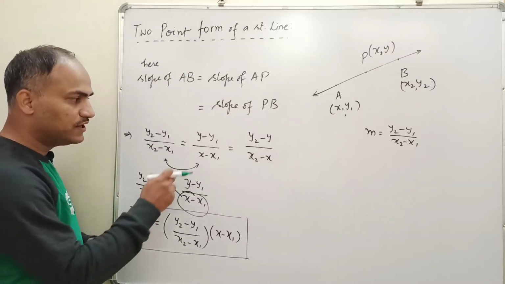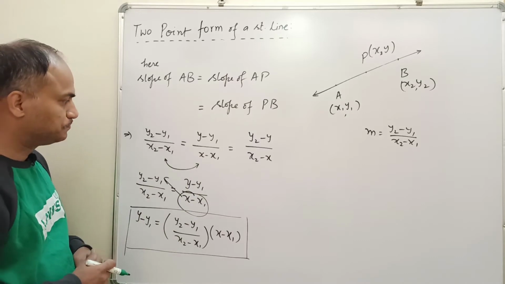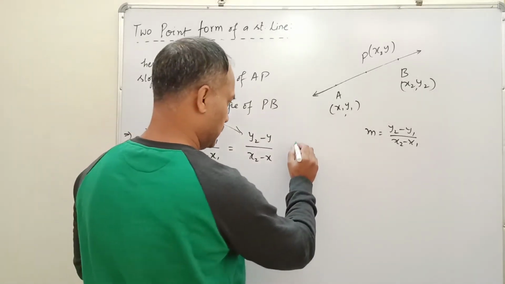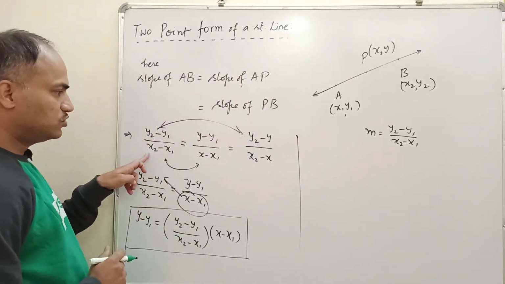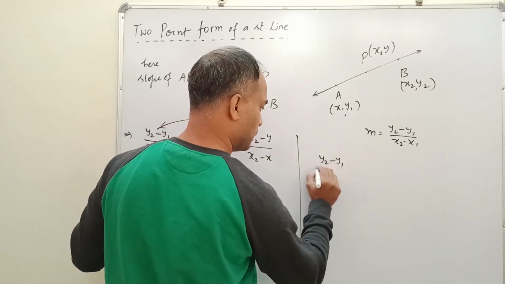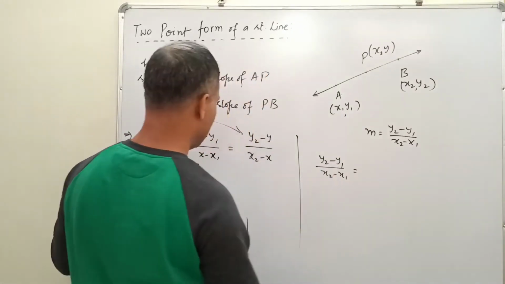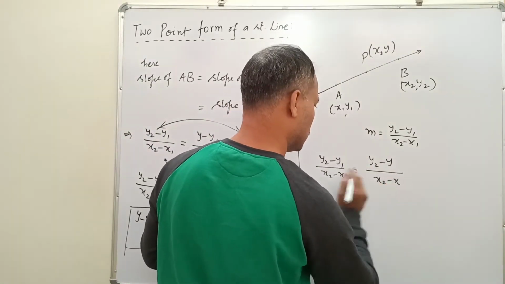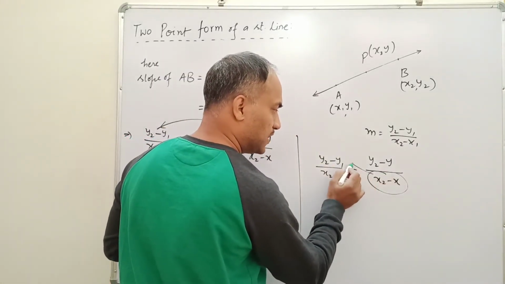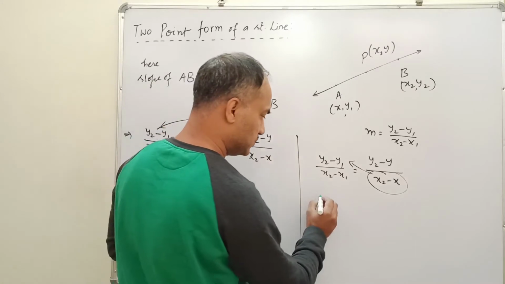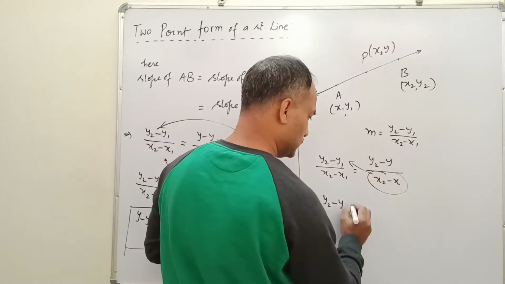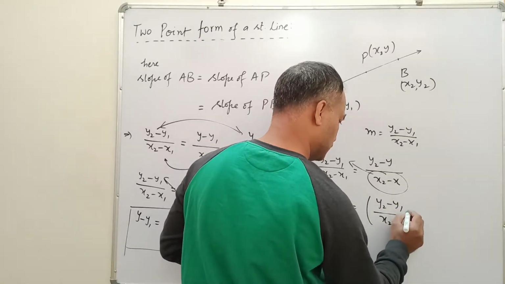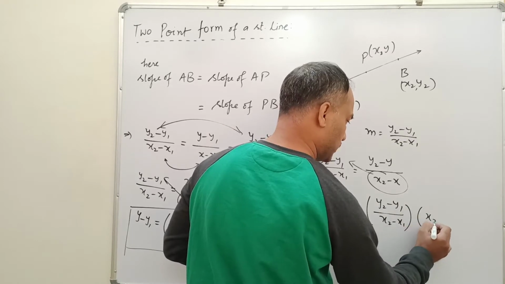Let us see what we get when we take the other 2 things. Suppose we take these 2, then what happens? y2 minus y1, this is equal to y2. Similarly, let us bring this term towards the left. So we get y2 minus y is equal to (y2 minus y1) upon (x2 minus x1) into (x2 minus x).